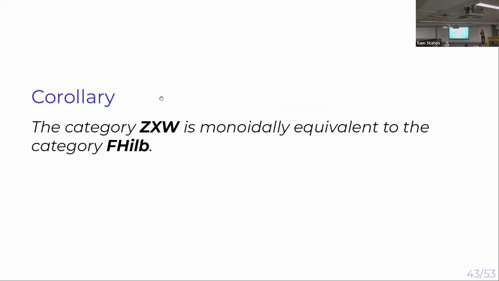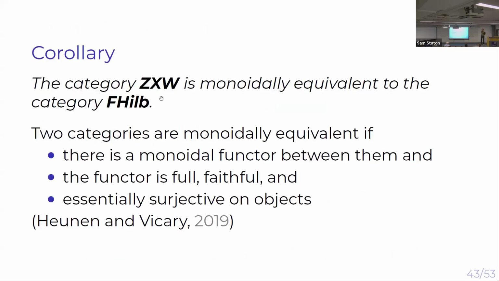And what does this mean? It means that we now have a language which is monoidally equivalent to the category of finite dimensional Hilbert spaces. Why is that? Two categories are monoidally equivalent if there is a monoidal functor between them, and this functor is full, faithful, and essentially surjective on objects.